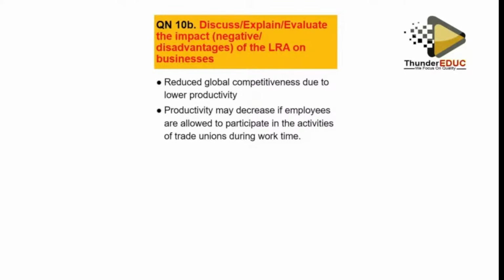So now, if trade unions are exercising their roles during working hours, that on its own is going to reduce the level of production of goods and services. Because remember, as an employer, you are expecting your employees to produce goods and services as expected and timely without any waste of resources.